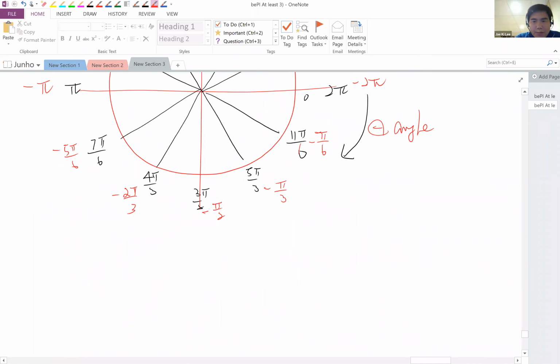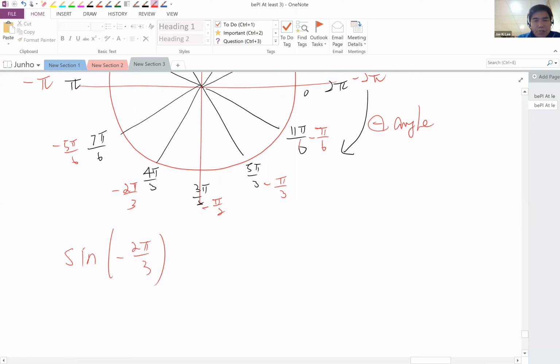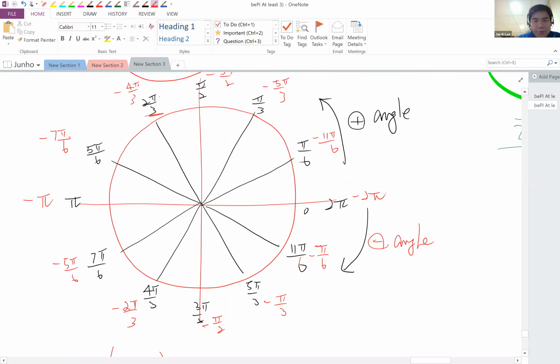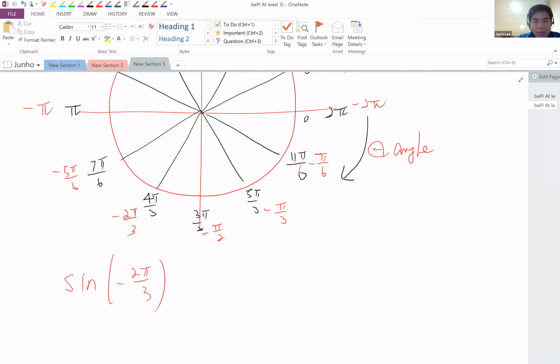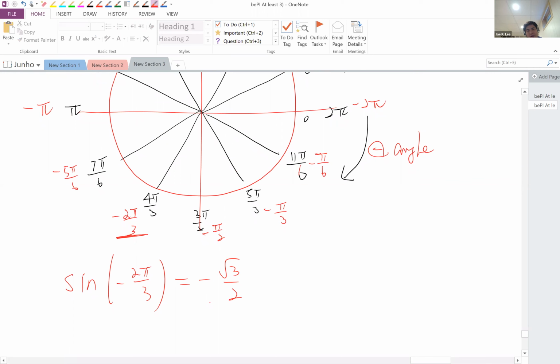So sometimes I ask you, what is sine of negative 2 pi over 3? The original 2 pi over 3 was here, but negative 2 pi over 3 is right here. Therefore the answer becomes negative root 3 over 2. Again, counterclockwise is positive angle and clockwise is negative angle.